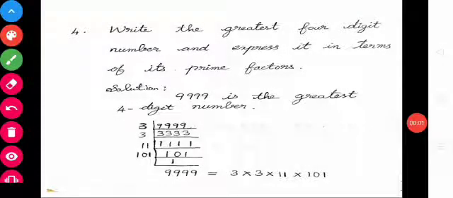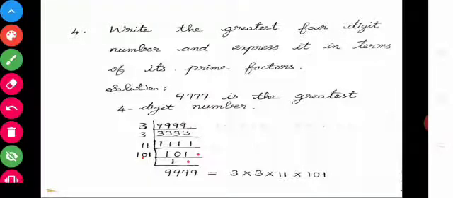We can also find the prime factorization of a number by the division method. Let us find the prime factorization of 9999 by the division method. 9999 divided by 3 gives 3333. 3333 divided by 3 gives 1111. 1111 divided by 11 gives 101. 101 divided by 101 gives 1.